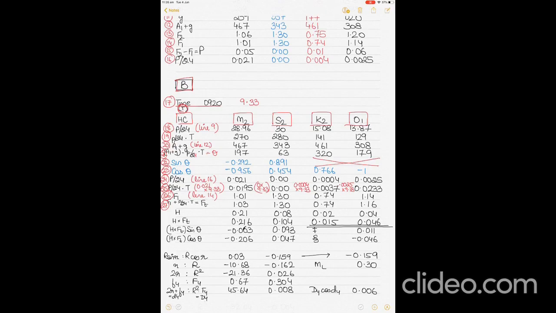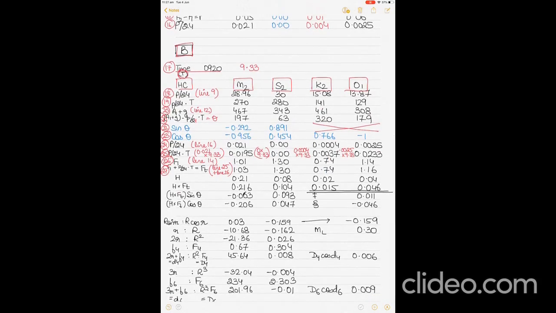So basically you have to add line number 25 and 26. So above line 27 is 25 and 26, just add those two values together.